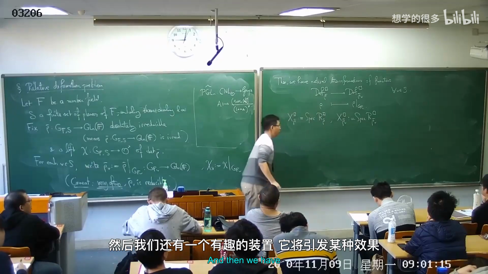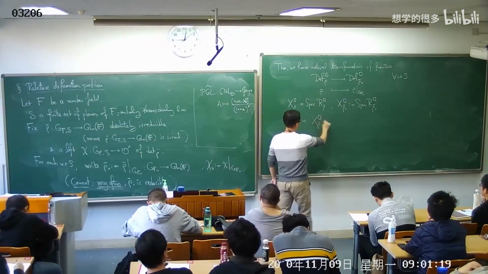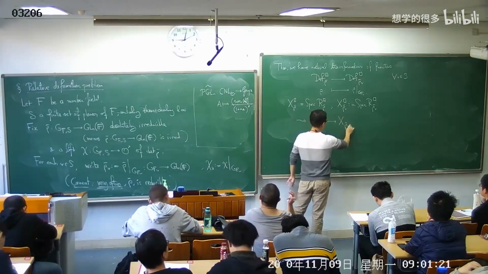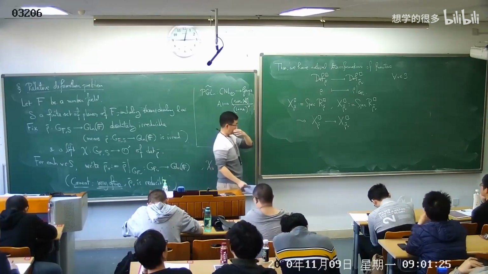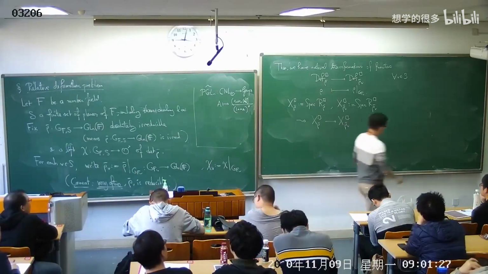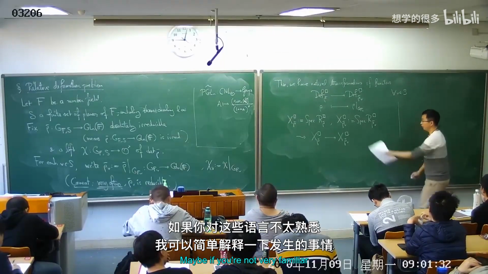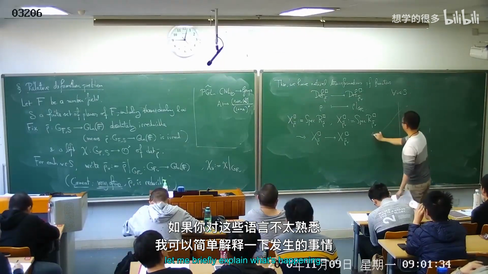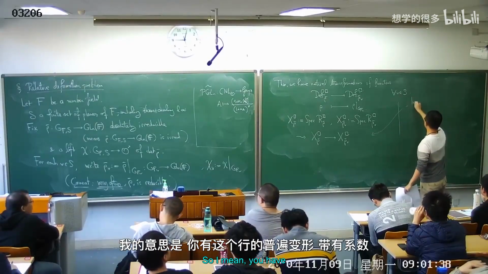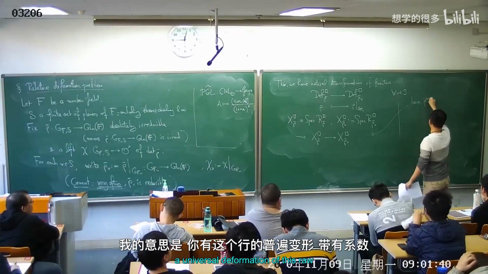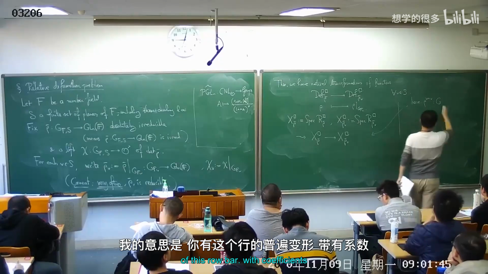And when you have a functor like so, it will induce, I always like to think of this geometrically, a morphism of the corresponding deformation spaces. Maybe if you're not very familiar with this language, let me briefly explain what's happening. So you have a universal deformation ring of this rho bar.